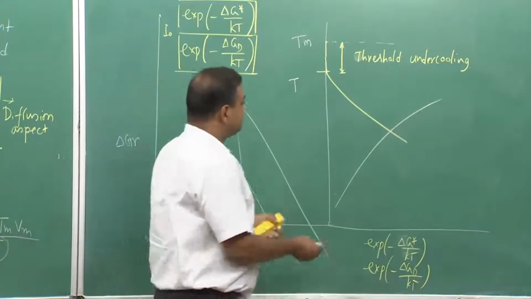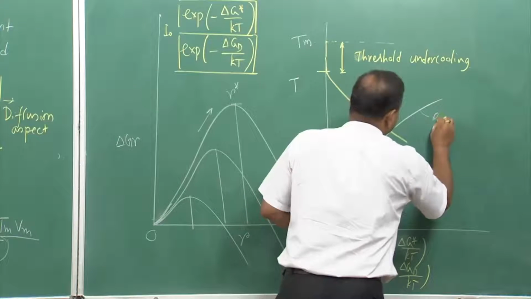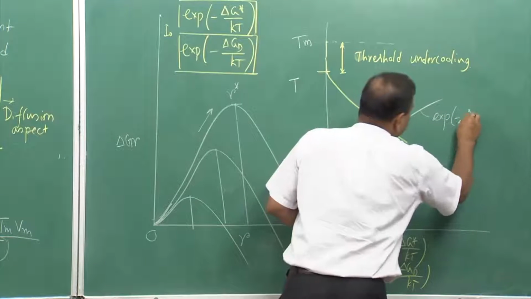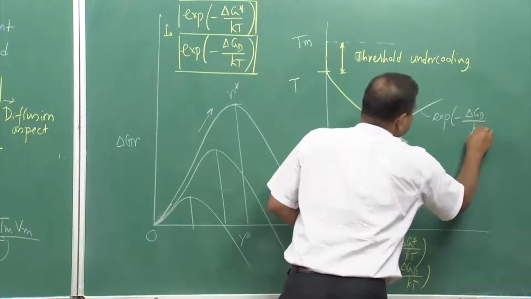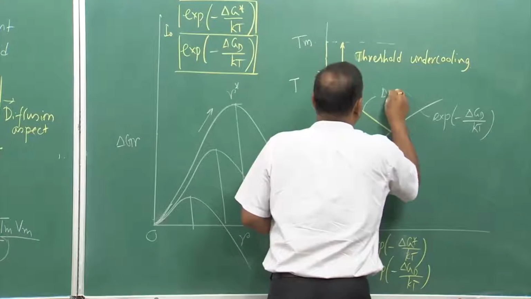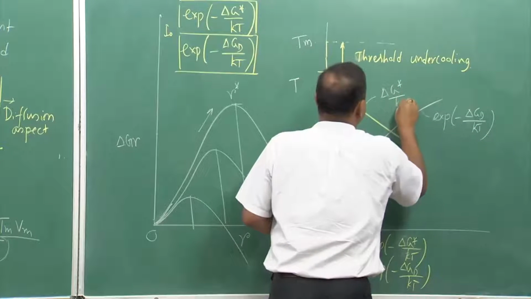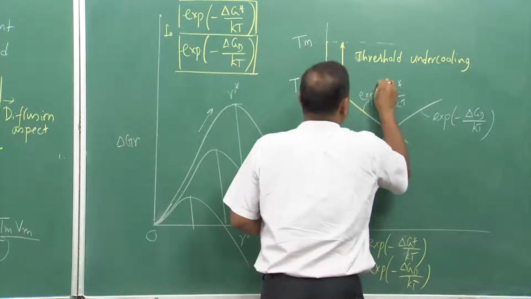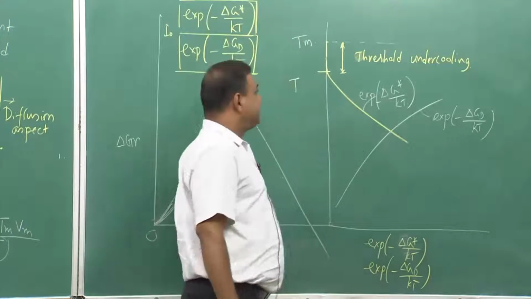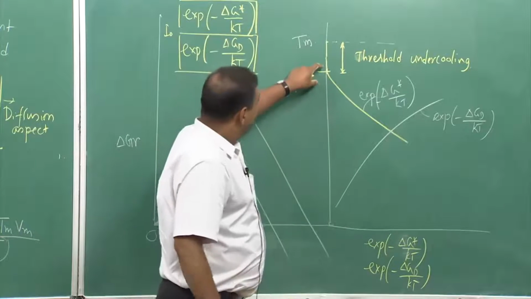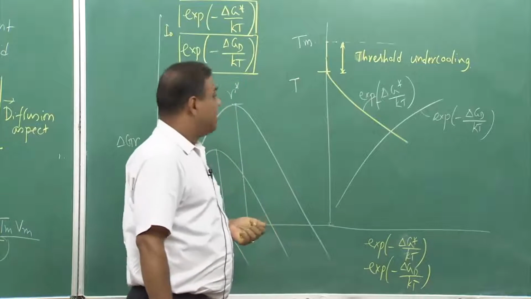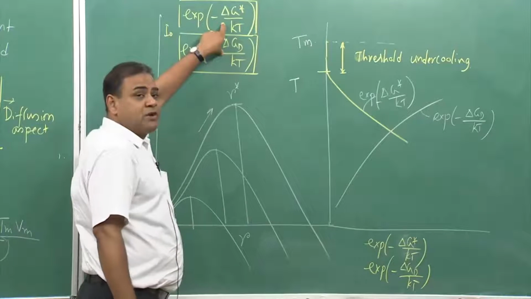So, now this is my exponential minus delta G d by k t, and this is delta G star by k t, exponential minus, fine. Now, what is R? What is I? I is the combination, the product of these two.